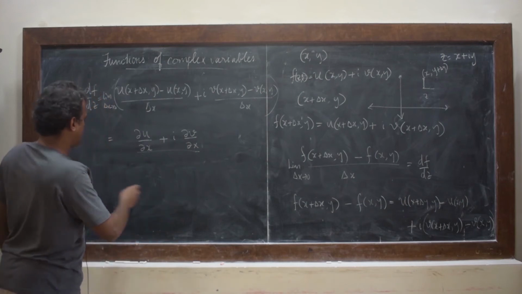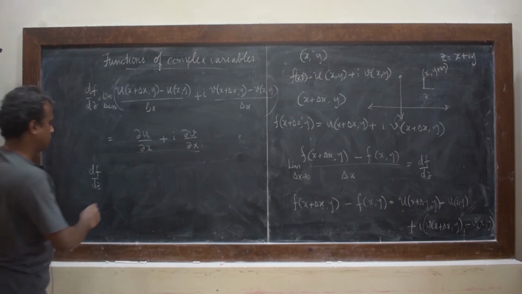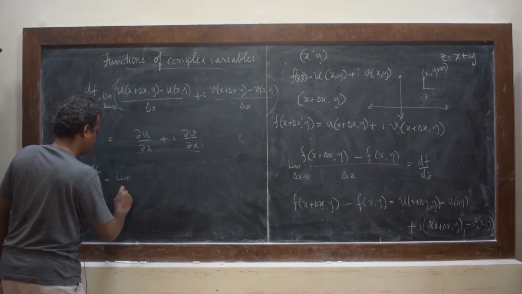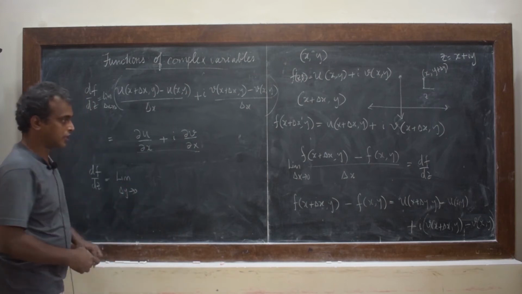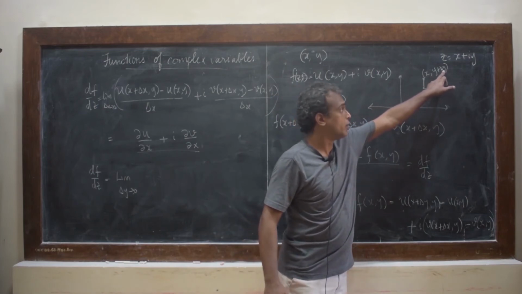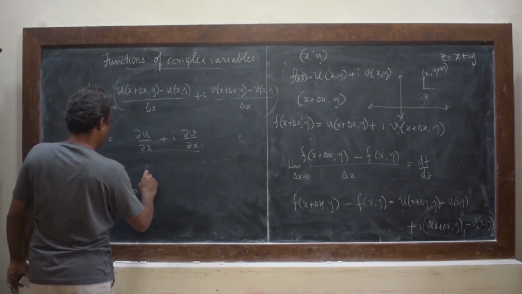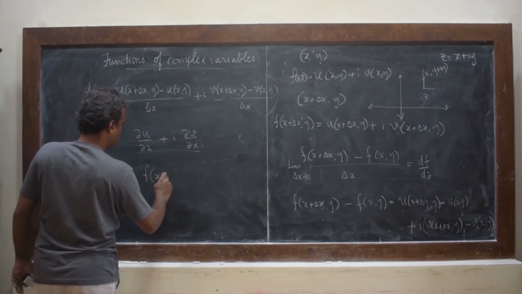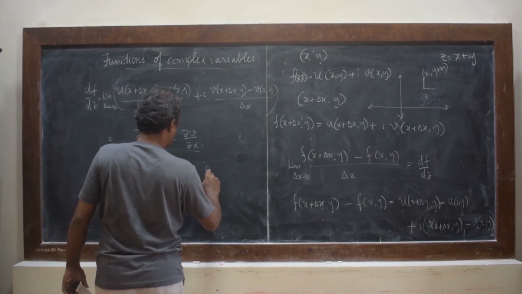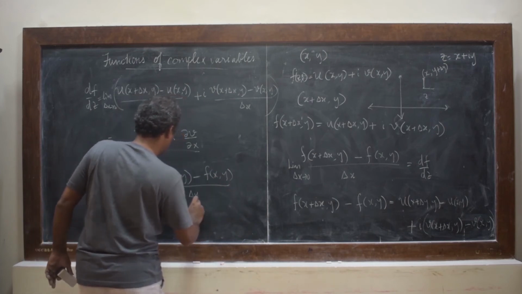If I do that, again the definition of derivative can be written as a limit of, now, the quantity delta y tending to 0 of f at x comma y plus delta y minus f at x comma y over delta y.